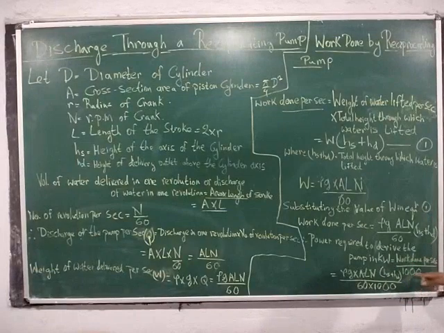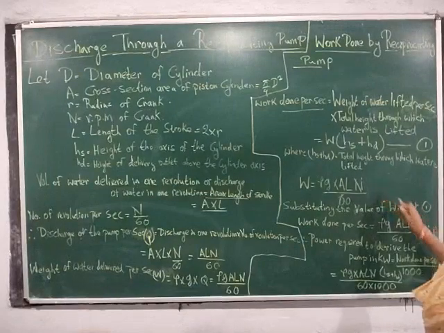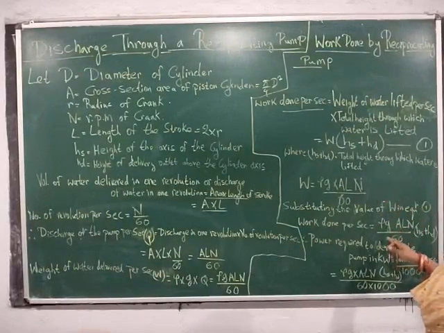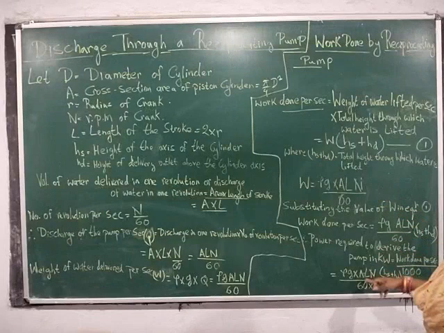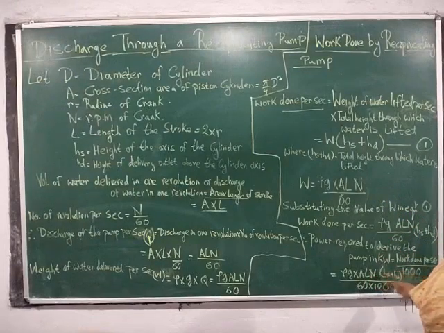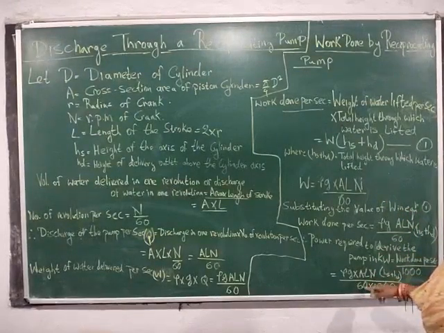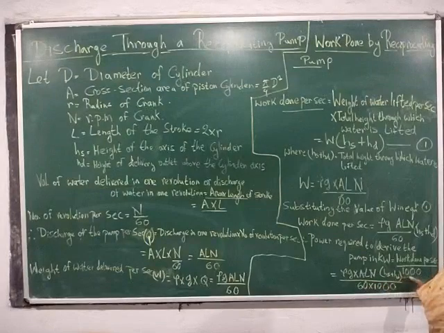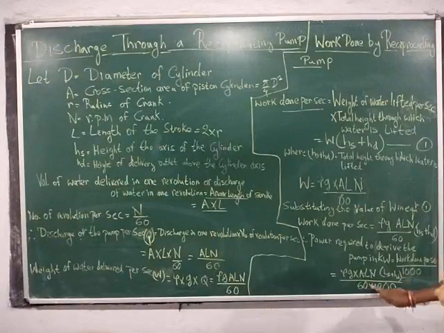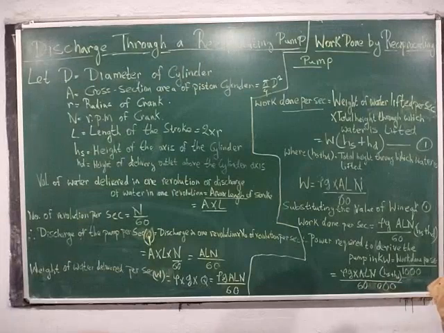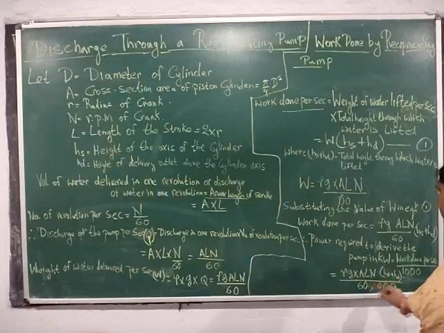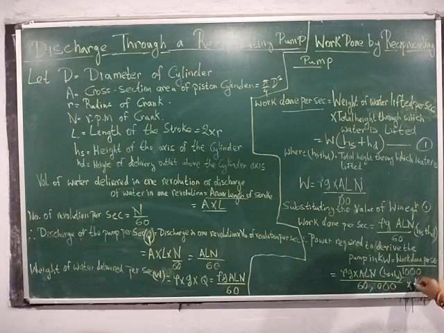So this equals rho into G into A into L into N into HS plus HD, divided by 60 into 1000, that is 60,000, in kilowatts.